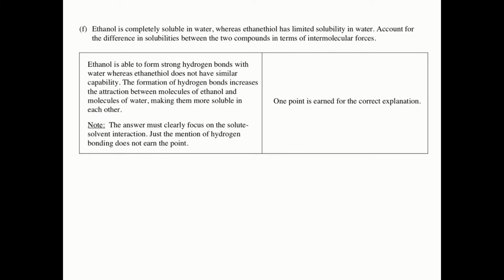If you just say it has hydrogen bonding and you leave it at that, you will not get a point. What you have to say is ethanol can form hydrogen bonds with water, while ethanethiol cannot. Okay. So there it says the formation of hydrogen bonds increases the attraction between molecules of ethanol and water. So specifically noting that the ethanol will form hydrogen bonds with water. Okay, so you get 1 point for that.